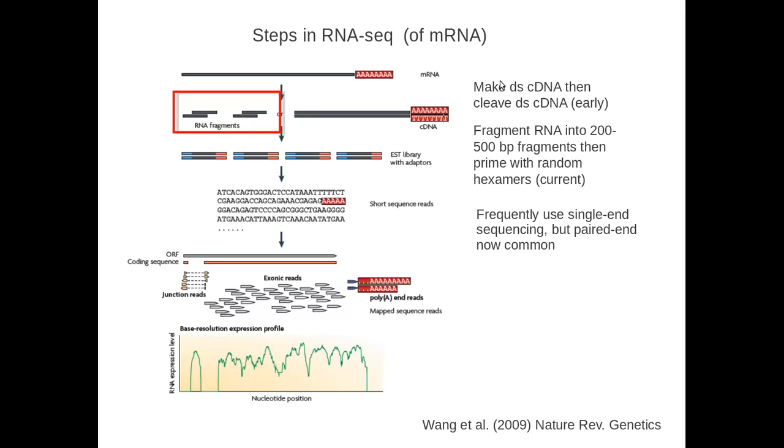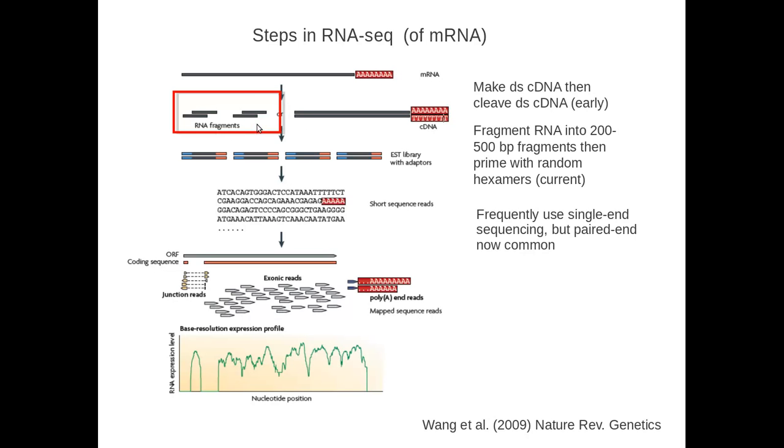So essentially, we start with RNAs. We then either fragment the RNA itself and then prime it with what we call random hexamers to make cDNA, or we poly-T prime the cDNA and then fragment it before making our libraries. The former is by far the approach that's adopted now.